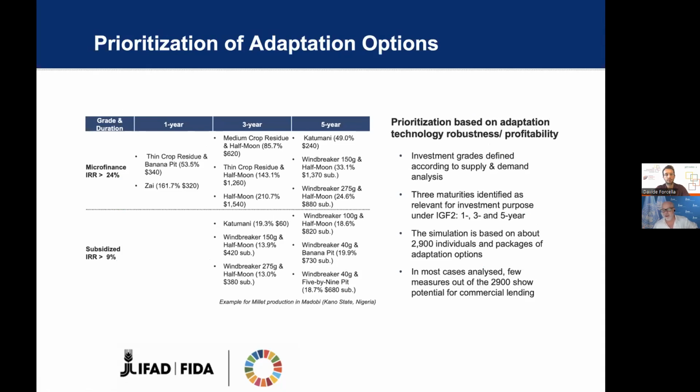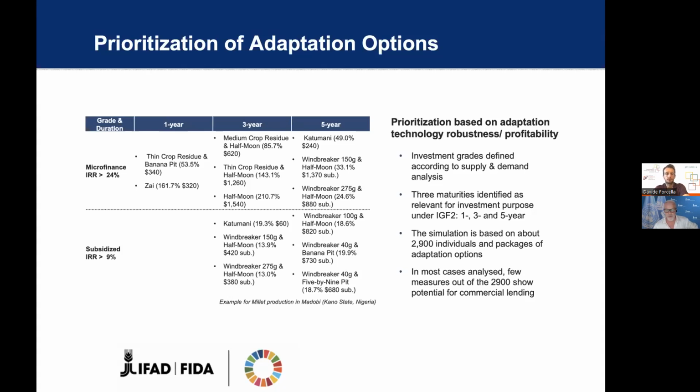And then we can get internal rate of return and net present value estimates on the investment itself, based on standardized size, and then we look at the volatility of yield over time, right? And then we can do a net present value of what that investment should yield you if you're going to make the investment today.